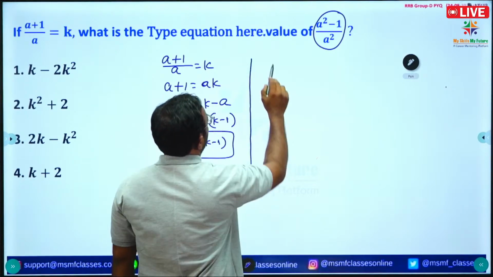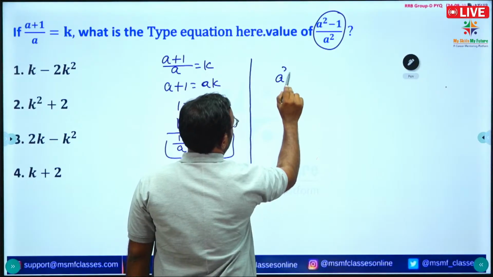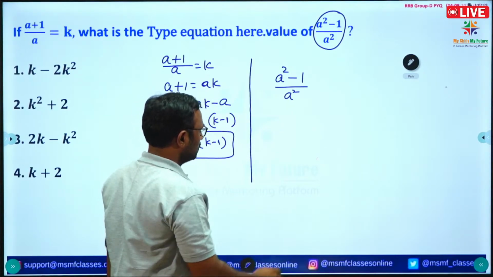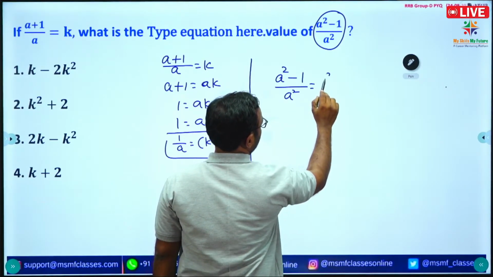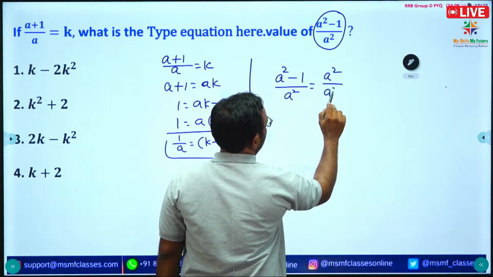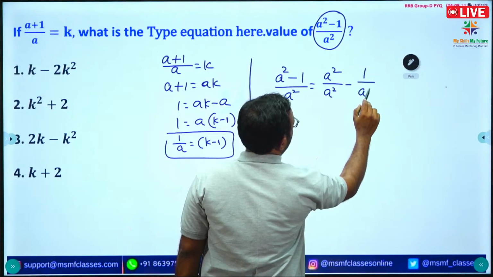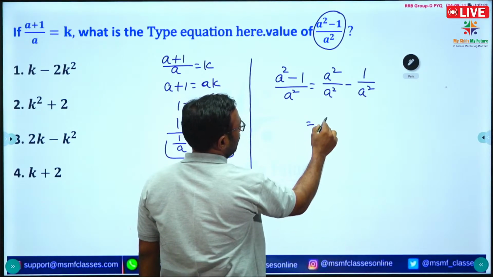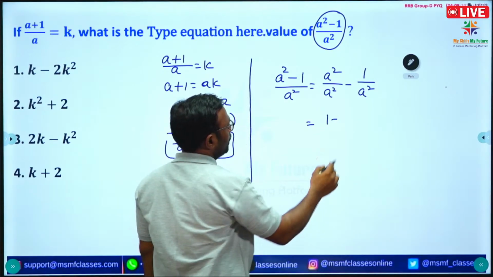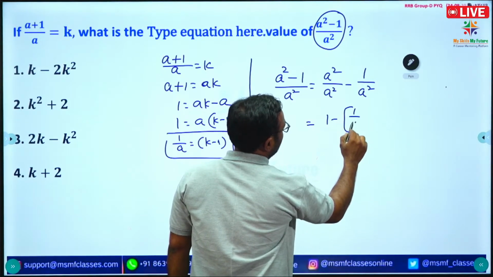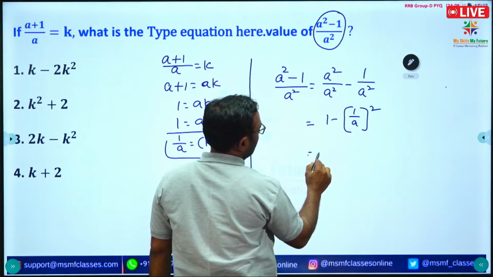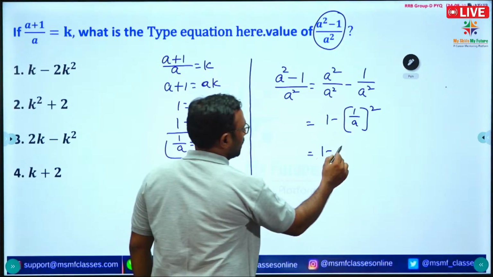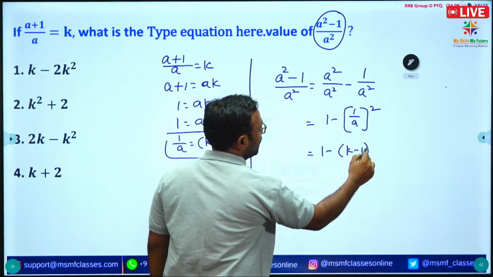They asked what is the value of a square minus 1 by a square. See here, a square minus 1 by a square, so I am taking it like this: 1 minus 1 by a, the whole square, is equal to k minus 1 whole square.